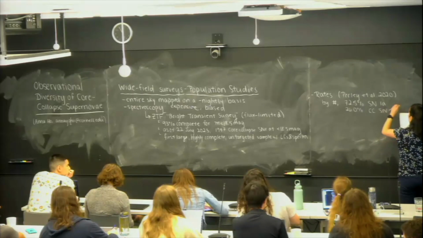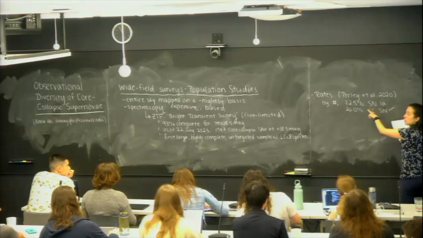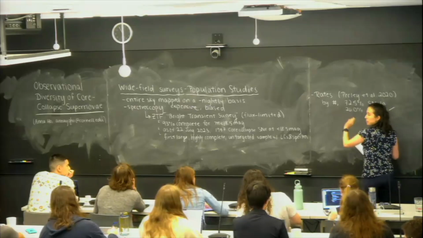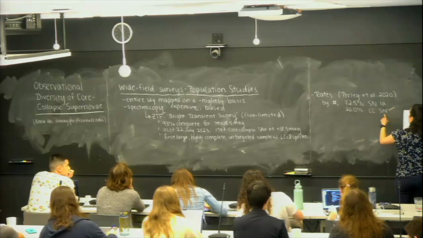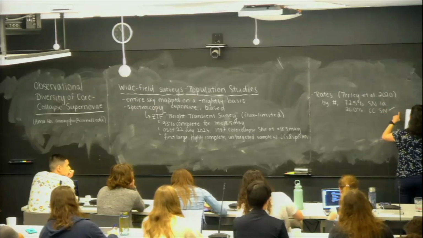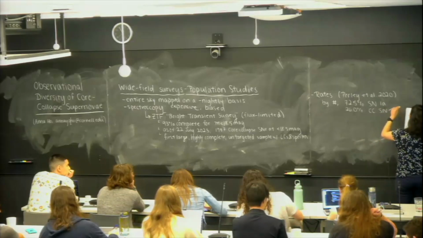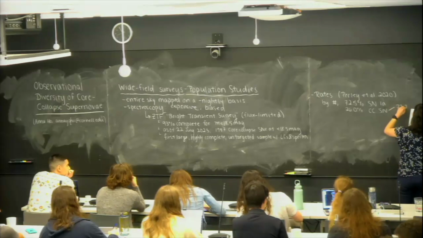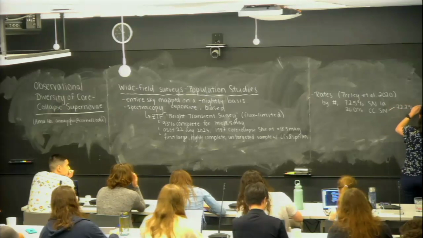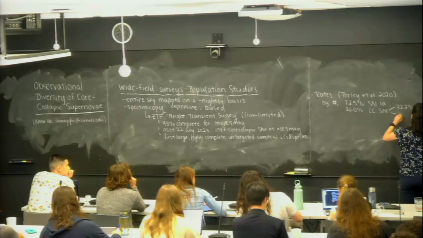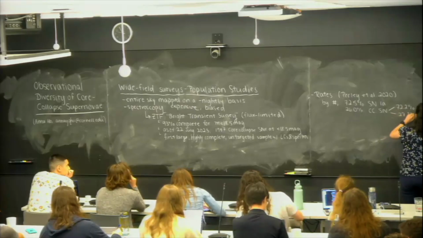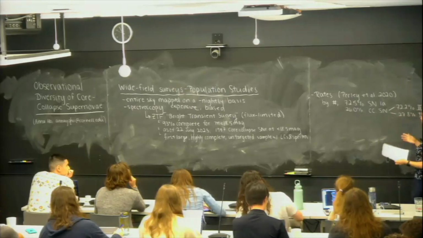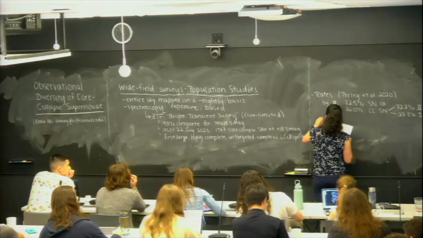Is this the volume or just flux limited? Yes, so just by number. I'll give the volumetric rates in a moment. Core collapse supernovae, and then you can, yes, 72.2% to type 1. And then, right, you can also do it by volume.